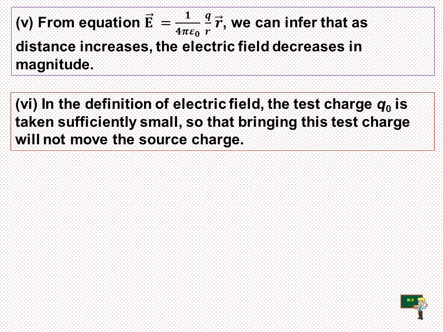In the definition of electric field, the test charge Q naught is taken sufficiently small so that bringing this test charge will not move the source charge. Sometimes if the new student in our class disturbs the old students, then everything will collapse. That's why we receive the new students with so many conditions.